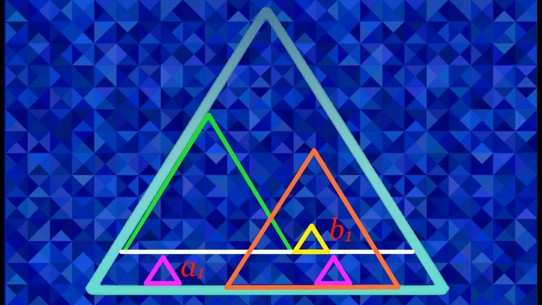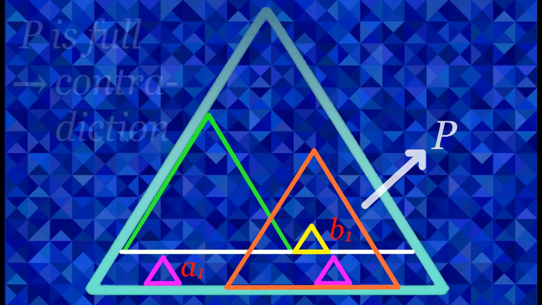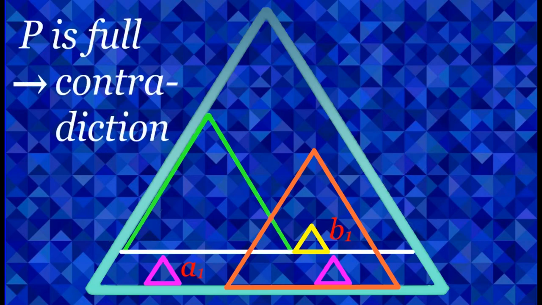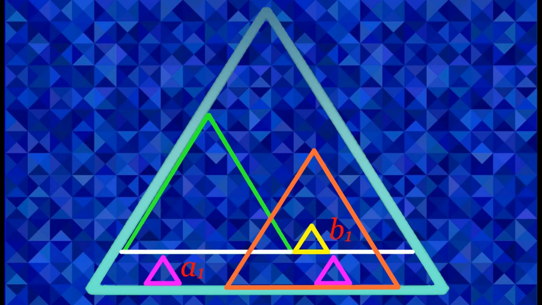Hence, all that is left is to show that the triangle P cannot be a full triangle. We assume that P is a full triangle, and we need to obtain a contradiction. We consider the following two cases.